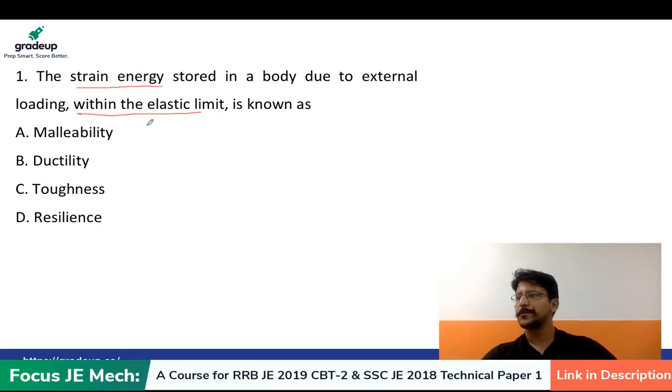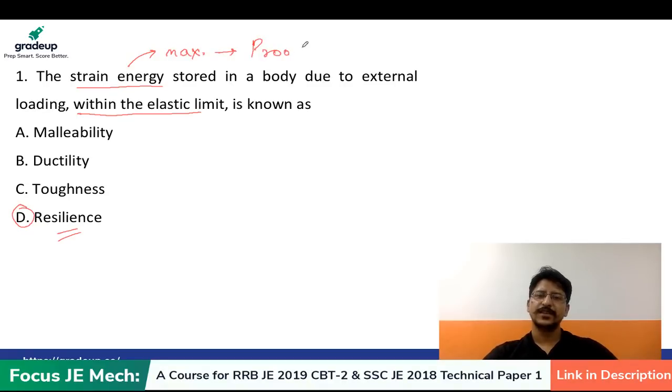So the answer for this one, yes, good. I am getting some answers. D is the correct answer. It's called resilience. And the maximum energy that is stored is known as your proof resilience.